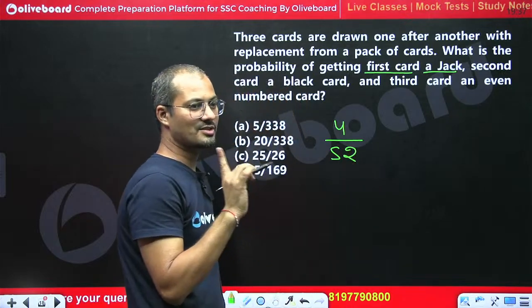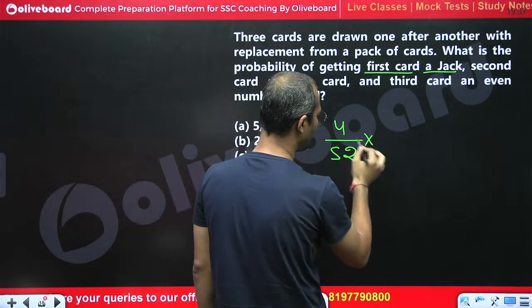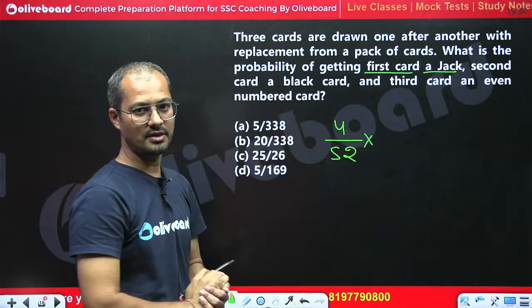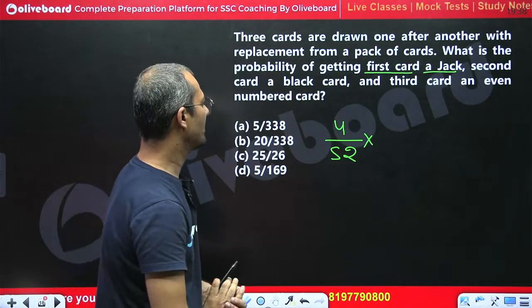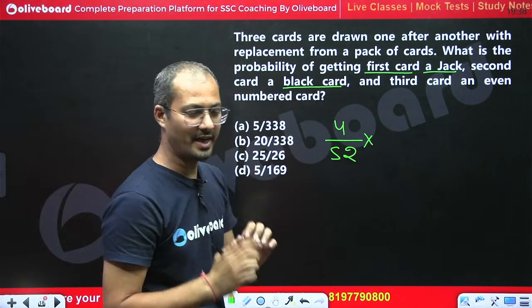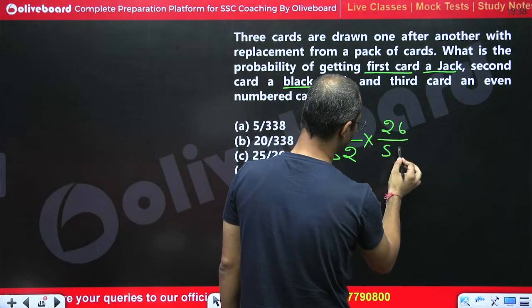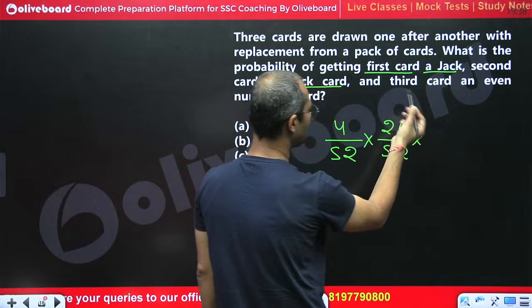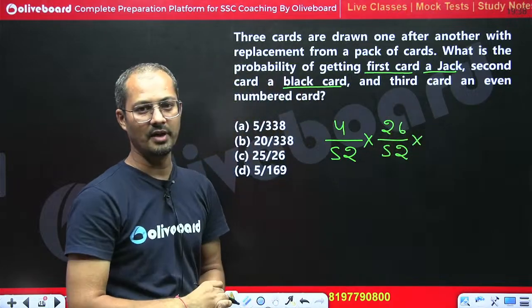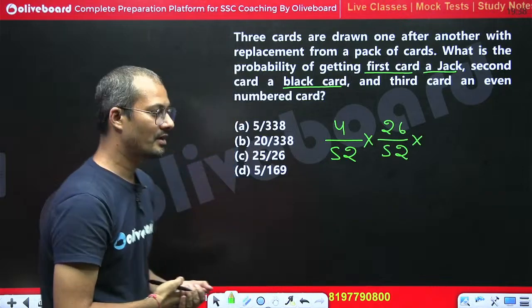Until the task is completed, we use the multiply sign in probability, the product theorem of probability. The second card is a black card. We have 26 black cards, so the probability would be 26 divided by 52. Now the third card can be an even number. How many even number cards do we have in one suit?